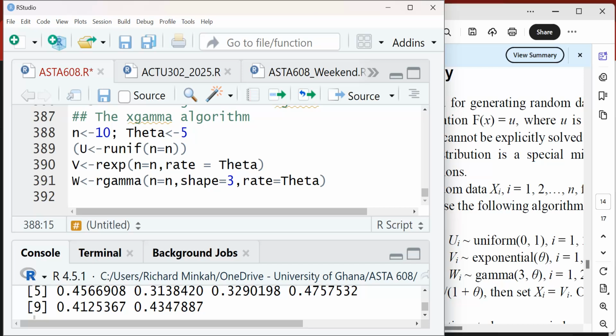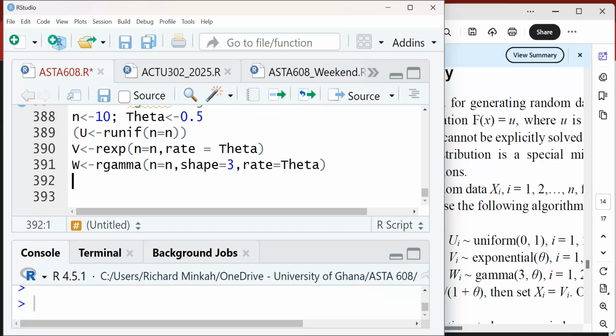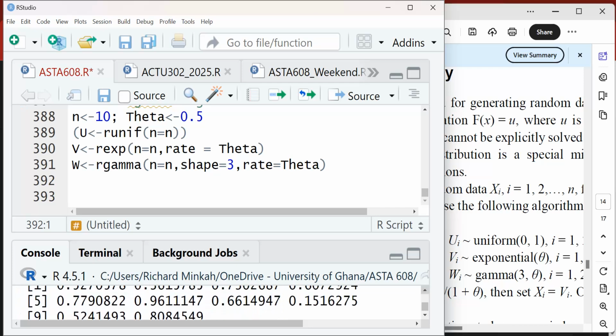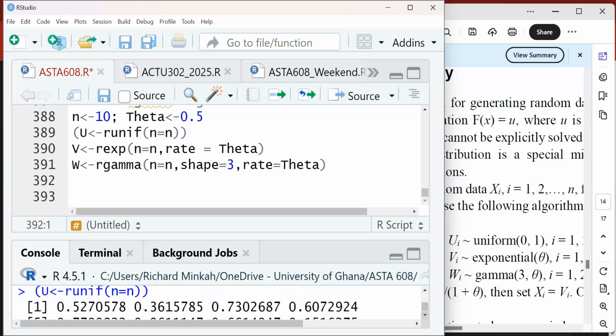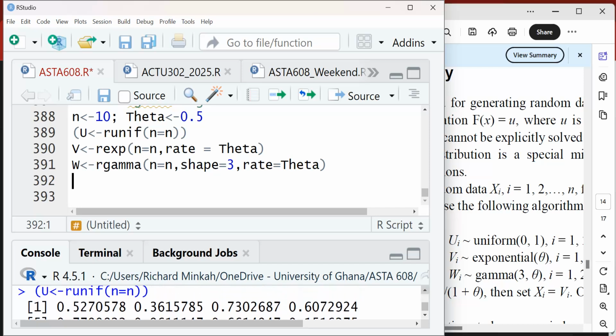Maybe I should go there and let's keep the rate at 0.5 and see how it looks. Oh, even point. Uniform.